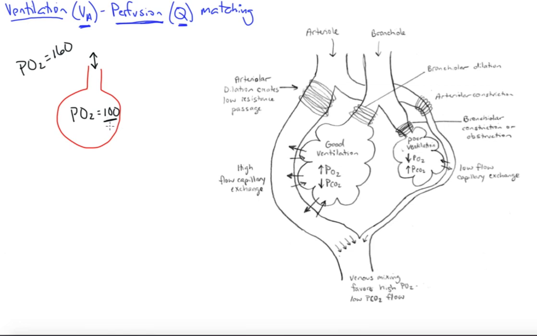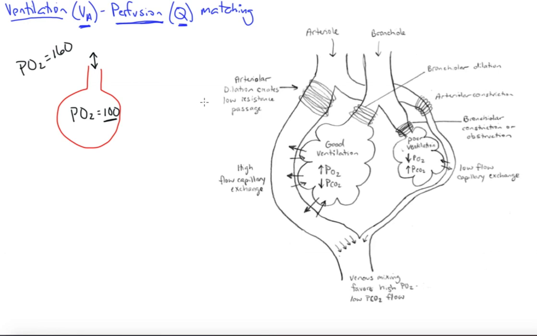When you're laying down, every region of your lung is probably about 100. When you are vertical, there's a gravitational effect. Pulmonary blood pressure is really low, and so at the top of your lung, the blood flow is low relative to the airflow, and you end up with a high ventilation to perfusion ratio.